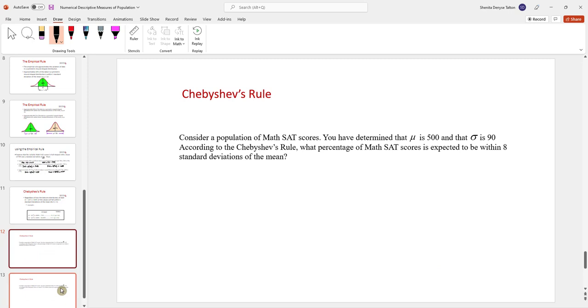So let's look at an example. Consider a population with math SAT scores, and you determine that the mean is 500 and the standard deviation is 90. According to Chebyshev's rule, what percentage of math scores is expected to be within 8 standard deviations of the mean? So what we're going to do is use this calculation. So this time they told you that k is 8. So I'm going to take 1 minus 1 over 8 squared.